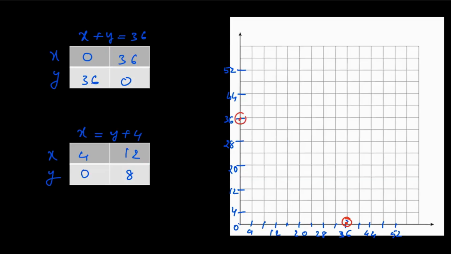Next, 4, 0. When x is equal to 4, y will be 0. And when x is equal to 12, y will be 8, somewhere here. Join these two lines and extend these two lines.